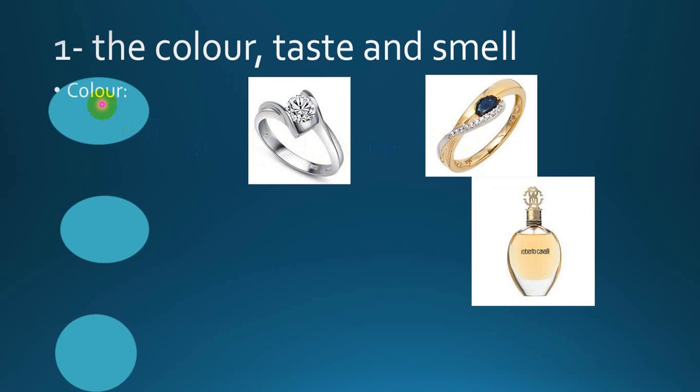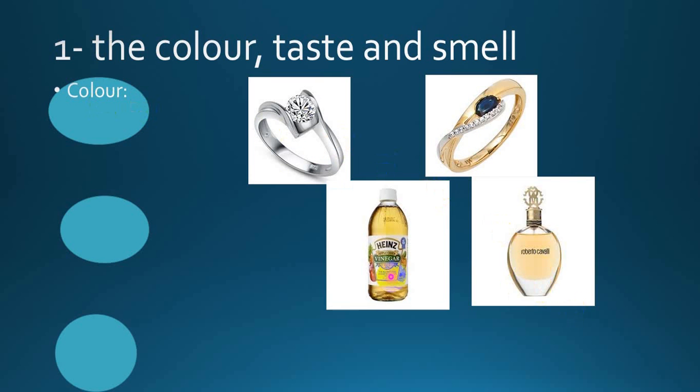Here is another example. I have a bottle of perfume and a bottle of vinegar, the vinegar that we use in cooking. How can we differentiate between them? If I use the color property, they have nearly the same color, so we can differentiate between them by smell.